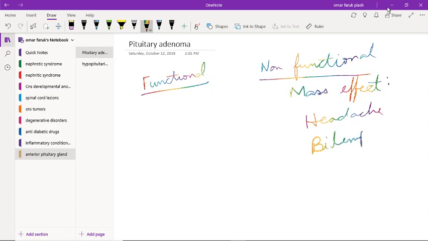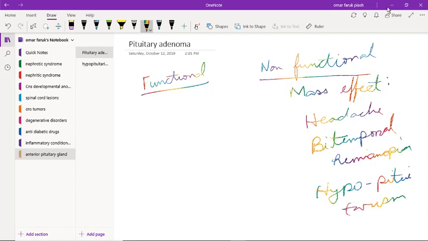Bitemporal hemianopia and hypopituitarism. Why hypopituitarism? It occurs due to compression of the anterior pituitary gland. Why is there bitemporal hemianopia?